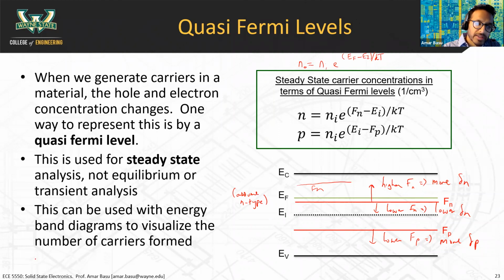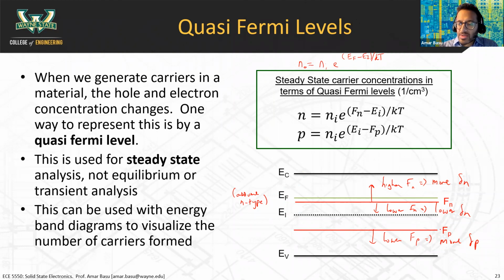On the other hand, let's look at the other side of things. E sub F tells us not only about the electron concentration, it also tells us about the hole concentration. The fact that E sub F is above E sub I here and it's closer to E sub C tells us there's a lot of electrons and there's very few holes.